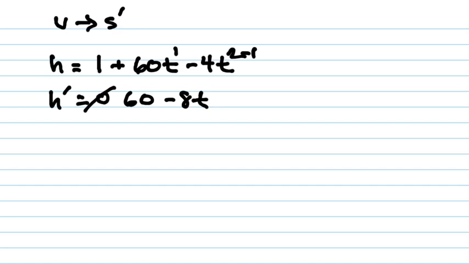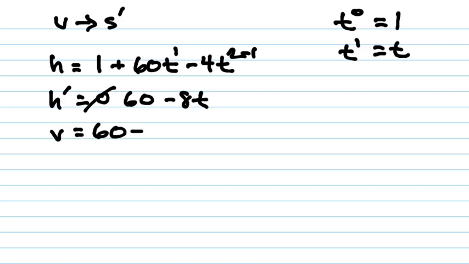Okay? Pretty easy pattern there. Make sure you remember, though, that if you get t to the 0, that's always equal to 1. t to the 1 is just equal to t, right? So our velocity is found by using the function 60 minus 8t. Rocket science, right?